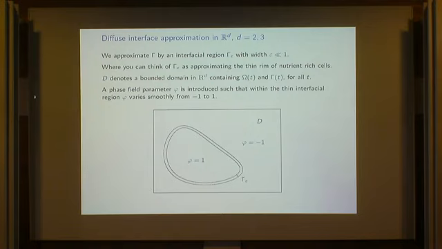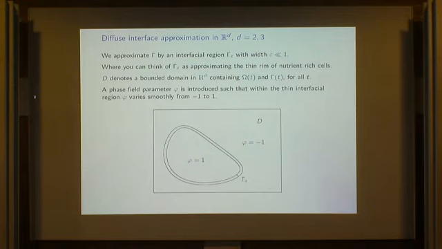We put the whole thing in a bounded domain, capital D, and the geometry of the problem is now encoded in this phase field parameter phi, such that phi is equal to +1 in the interior of the tumour, equal to -1 in the exterior of the tumour, and in the interfacial region, in this gamma epsilon, it varies smoothly from phi equals +1 down to phi equals -1.